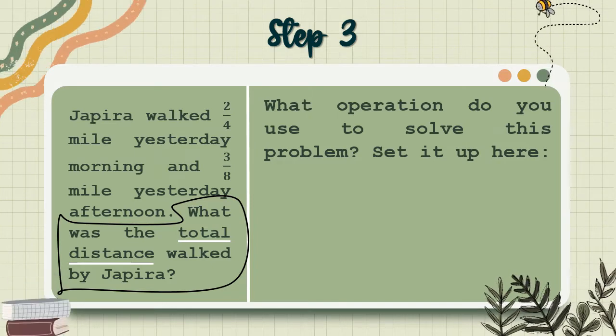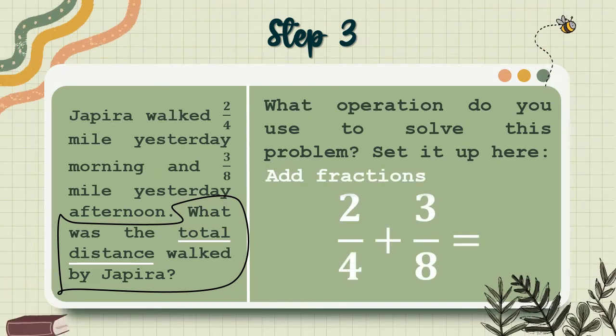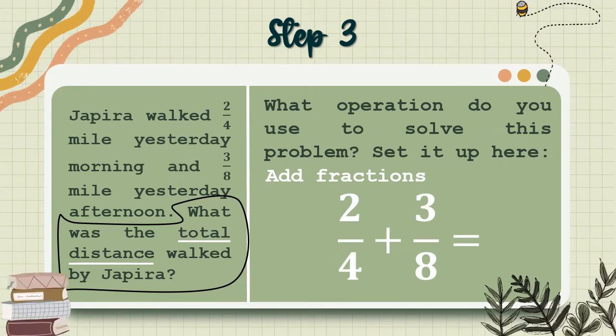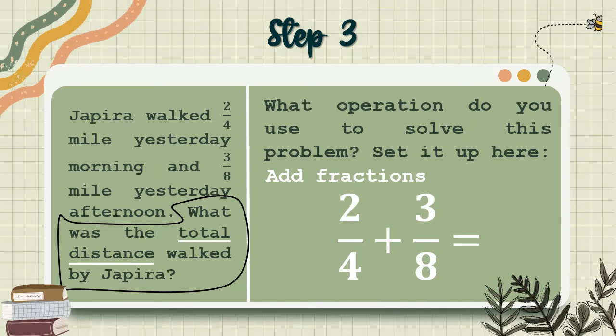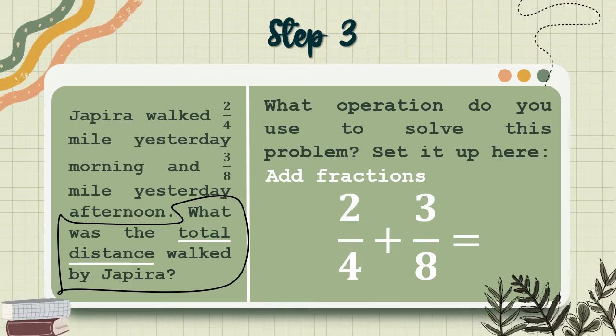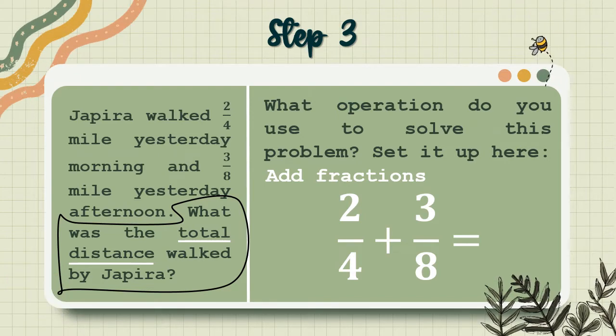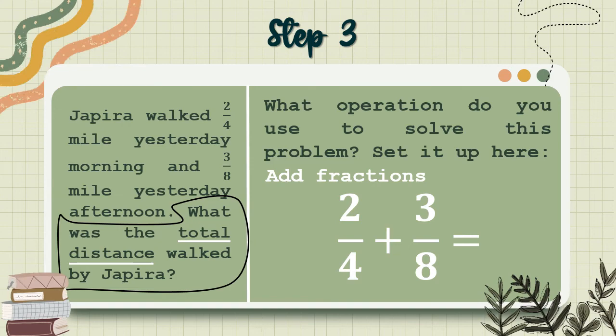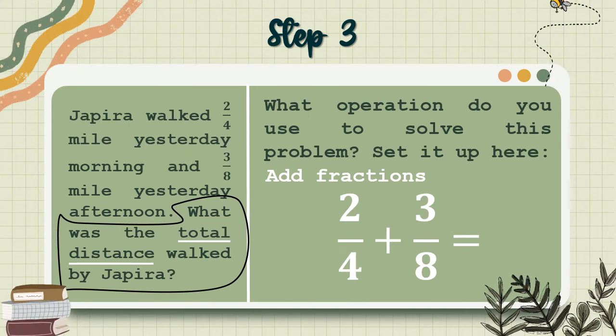We're going to add these two fractions together, so we set it up as 2/4 plus 3/8. You can see we haven't solved anything yet, but we're setting ourselves up to be very successful in solving this problem.